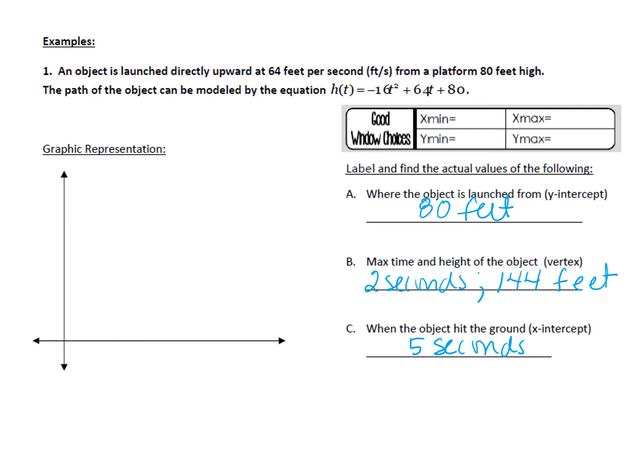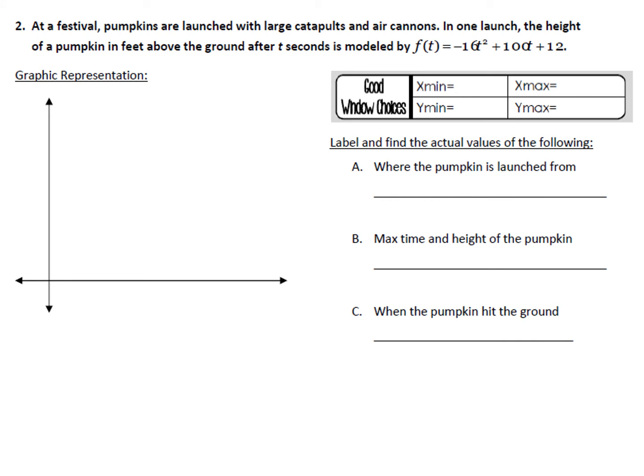All right, let's take a look at another example. Number 2, at a festival, pumpkins are launched with large catapults and air cannons. In one launch, the height of a pumpkin in feet above the ground after t seconds is modeled by f of t equals negative 16t squared plus 100t plus 12.